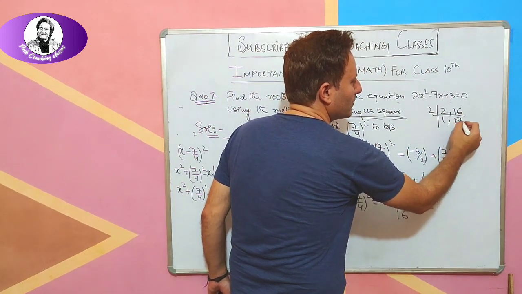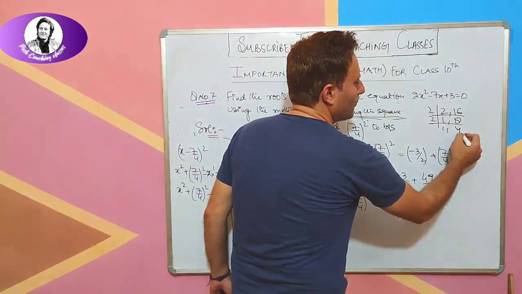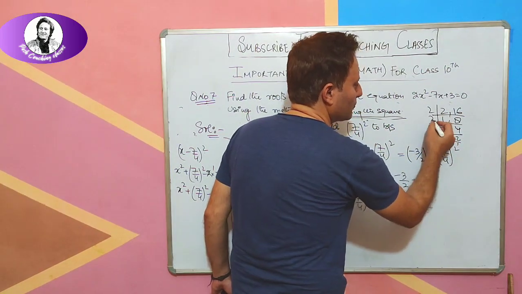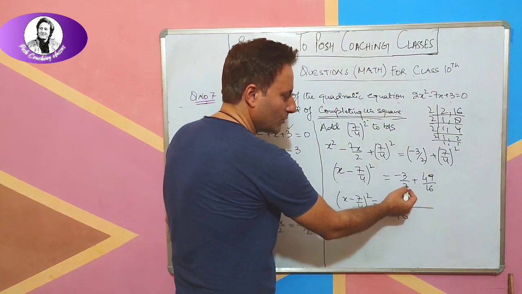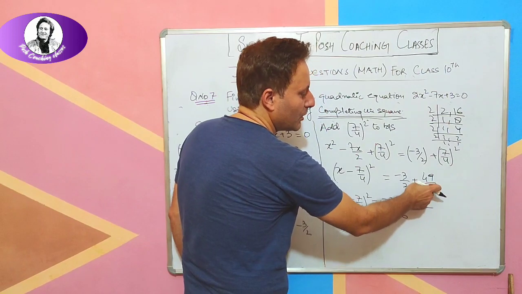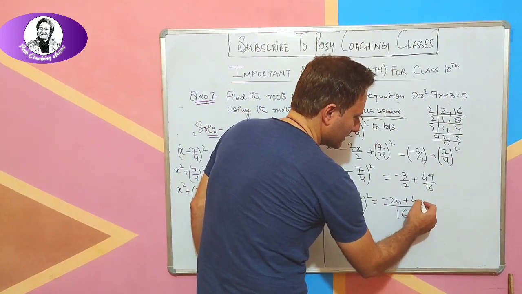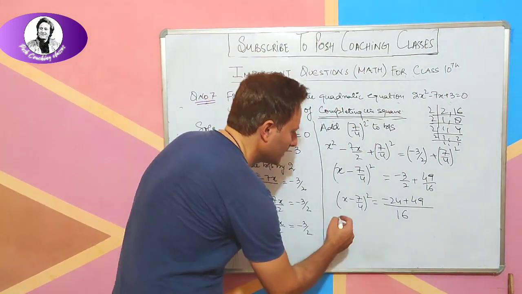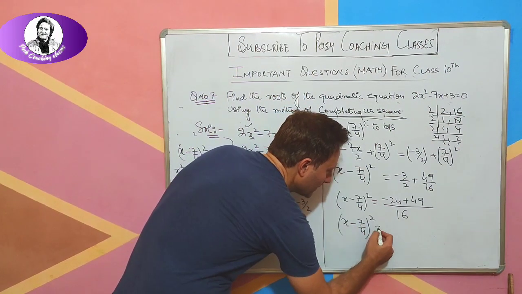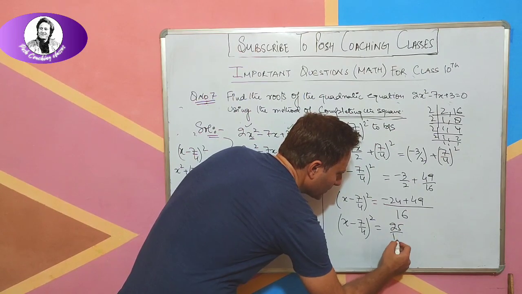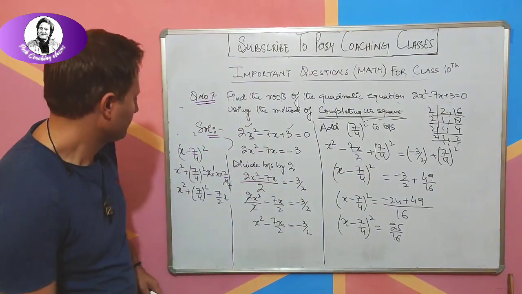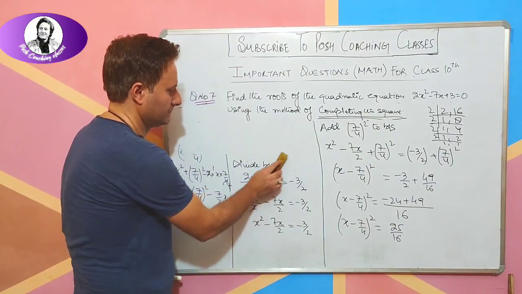We have denominator and LCM same, so whatever is in the numerator we'll write that. So it is x minus 7 upon 4 whole square equals 25 upon 16. Right?